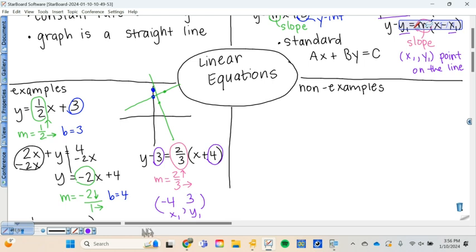And this point is where we start. So I'm going to go to -4, 3. It's like right there-ish. And then my slope says to go up 2 from here and over 3. So that's about right there. And I've got my line.